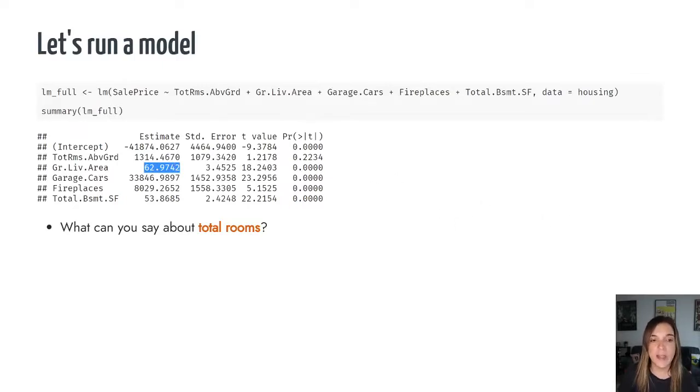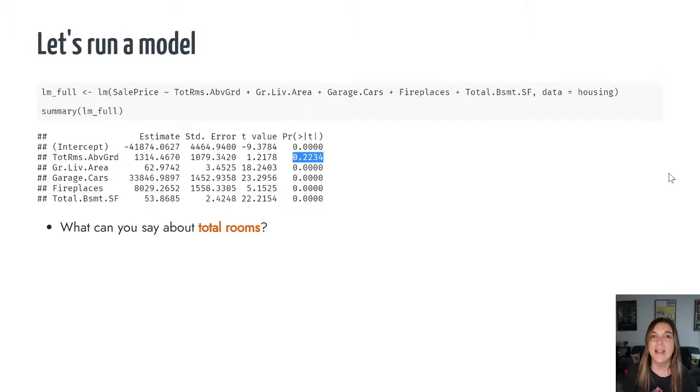However, when we look at total number of rooms, this actually is not statistically significant, okay? That means that we can't reject the possibility that there is no association between total number of rooms and sales price. This, however, seems kind of counterintuitive because we know that houses with more rooms probably sell at a higher price.